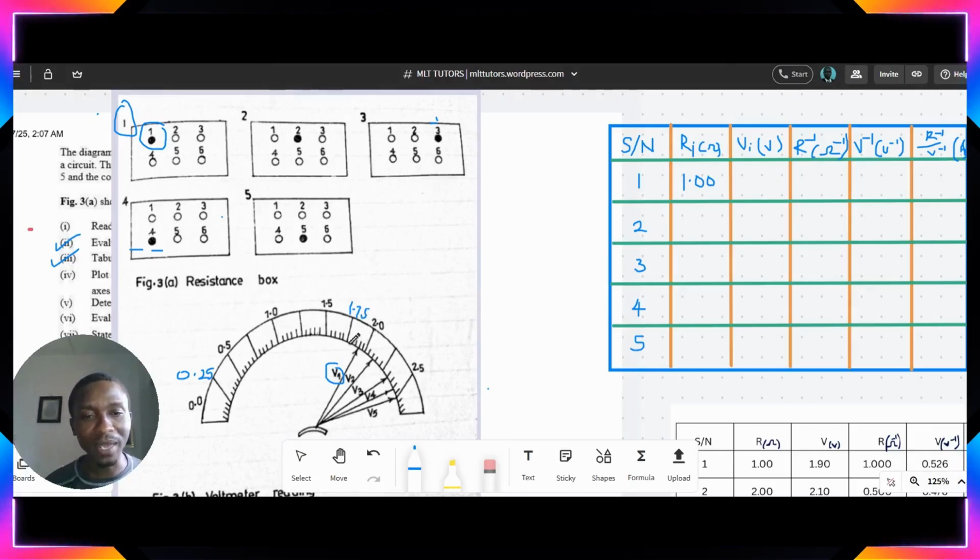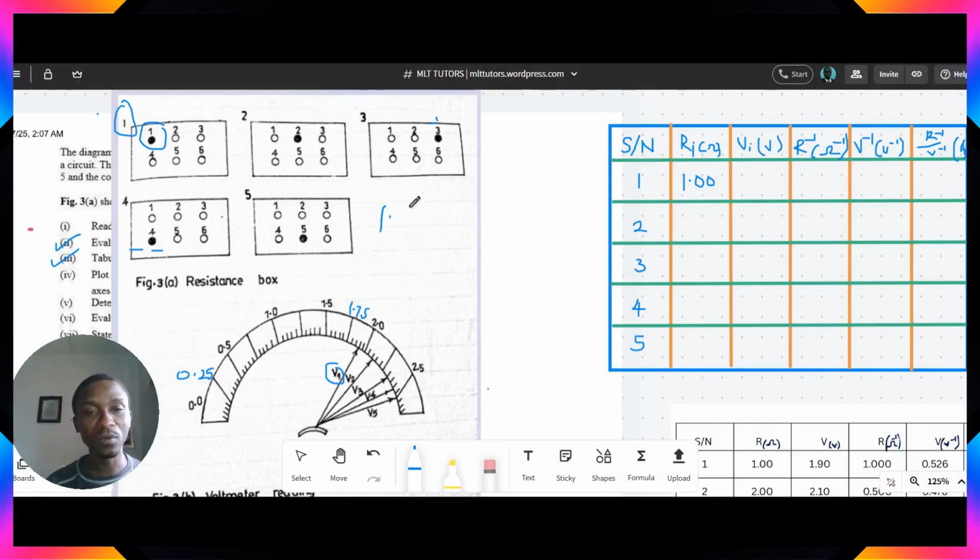So that implies that each of these small calibrations will represent 0.05.